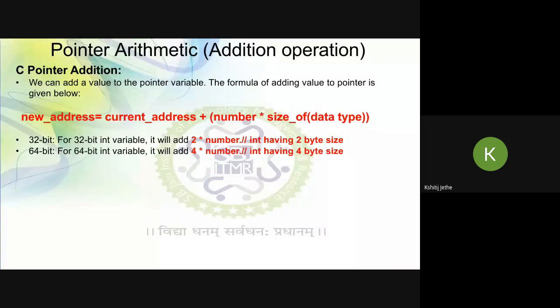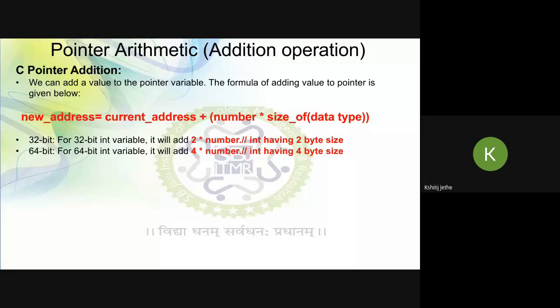It also somehow depends on the operating system. For example, on a 32-bit operating system with an integer pointer, it will differ by 2 bytes only. On a 64-bit operating system, it will differ by 4 bytes. Normally we consider that we are using 64-bit.